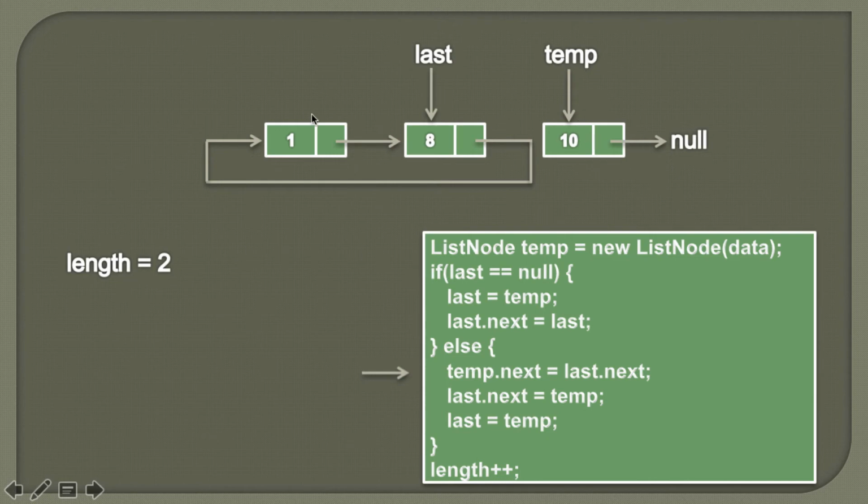Therefore its next should point to the first node. And in order to reach this first node, we know that last.next is referring to it. Therefore we'll simply assign value of last.next to temp.next. So it would look something like this. Now you can see temp.next is pointing to this first node.